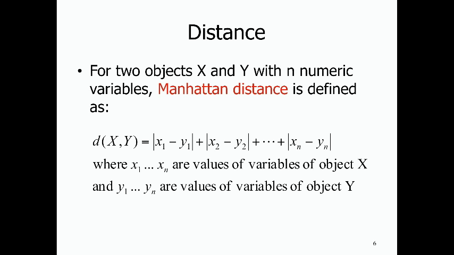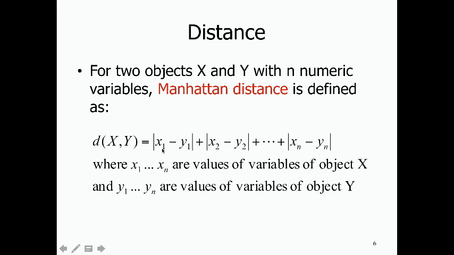So the Manhattan distance function is based on absolute distances. If two objects x and y have different variables, currently we'll focus on numerical variables, since categorical variables, as we will see later on, need some transformation before calculating distance with this type of function.